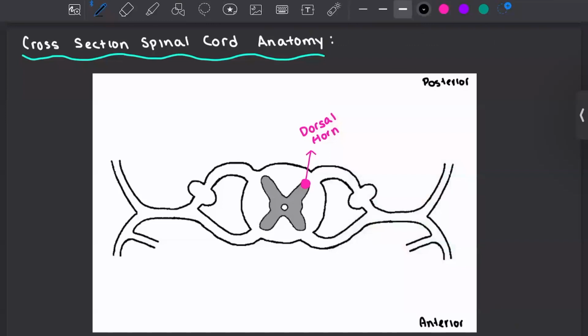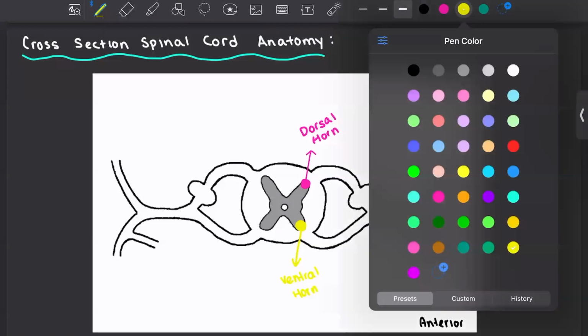So if there's a dorsal horn, there must be a ventral horn, and there is. So the other side here, I'm just going to do in yellow. This is going to be the ventral horn. And all of these are really, really important when it comes to tracing a nerve pathway. And I will probably do another video on that because like I said, I love talking about this.